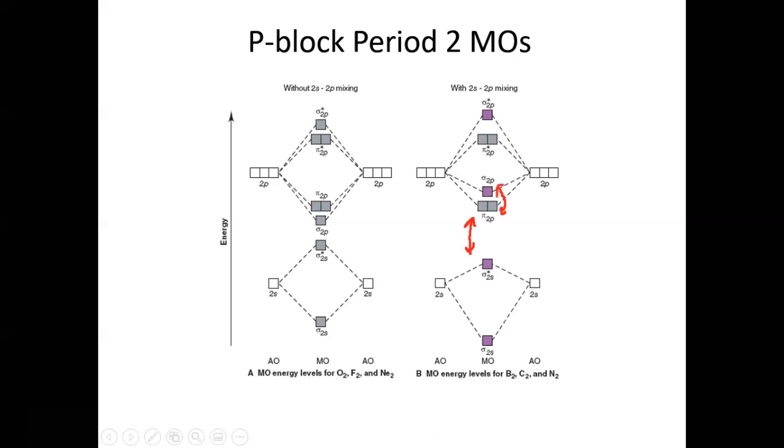So if you're doing molecular orbitals for the lighter 2p molecules, you use the one with mixing. If you're using the molecular orbitals for the heavier 2p molecules, you use the one without mixing. So this is the difference between the two, and when you use one versus the other.